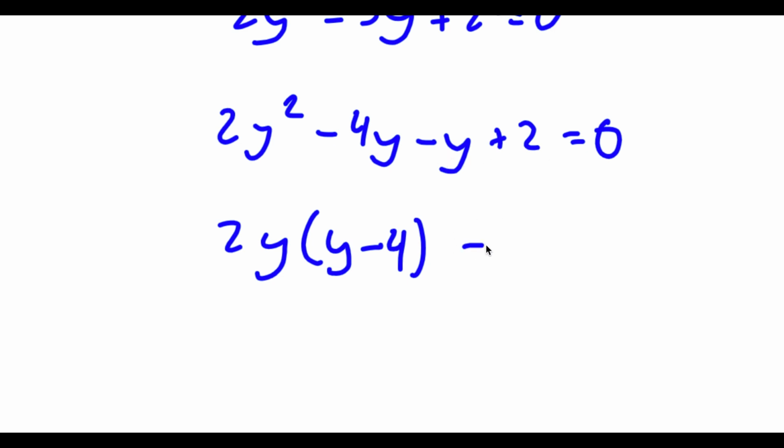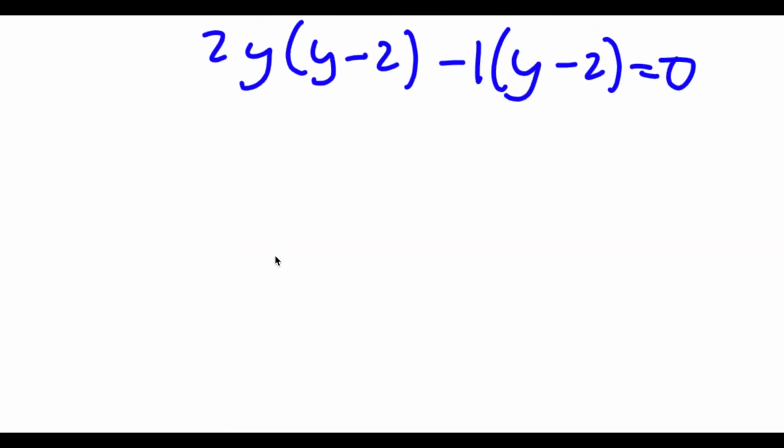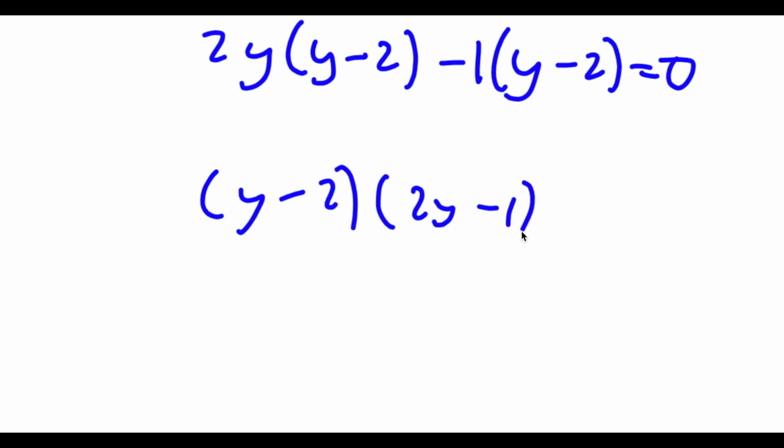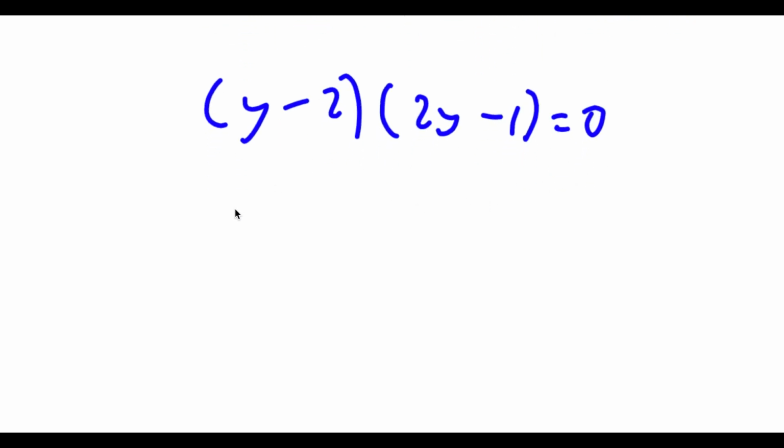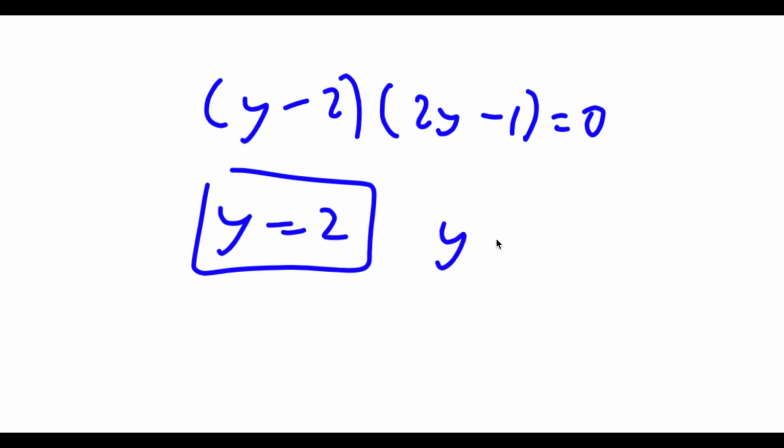And from negative y plus 2, I'm going to factor out negative 1, so I get negative 1 times y minus 2. Now if I factor out y minus 2, I get y minus 2 times 2y minus 1 is equal to 0, meaning y is equal to 2, and y is equal to 1/2.